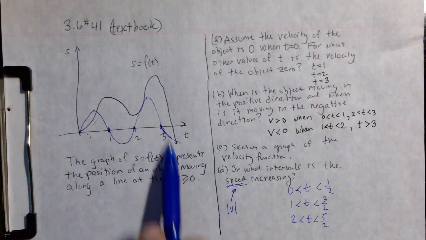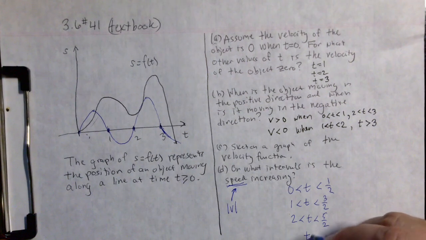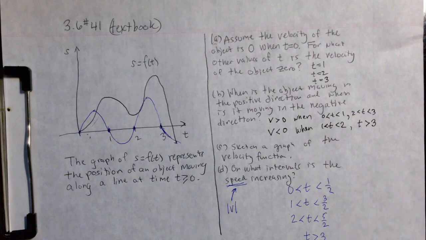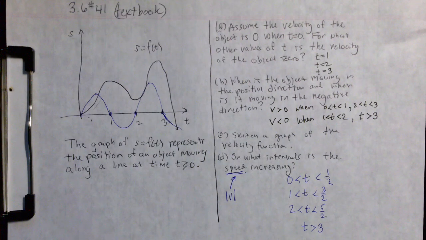Lastly, beyond 3, so t is greater than 3, we also see that the velocity graph is getting further and further away from 0. Another way to say that is the object is speeding up.